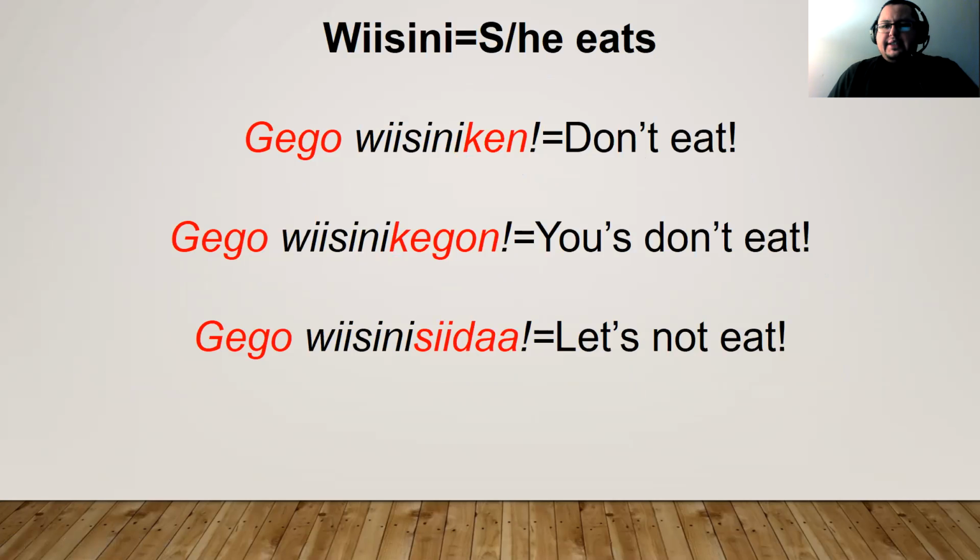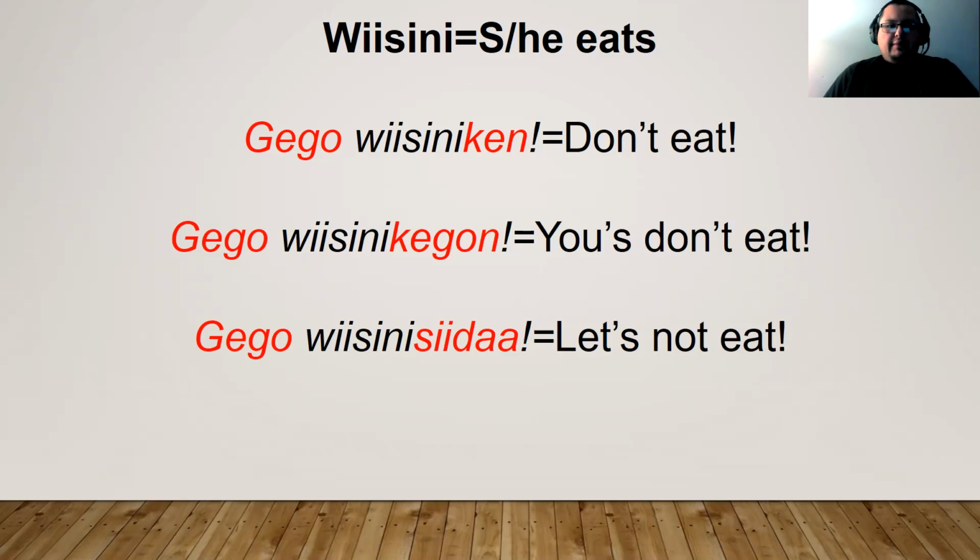Moving on, we have Wisine, he eats. The command form to one person was Wisinin. Right here we go, one person: Gego Wisinikain. Don't eat. Maybe you have to say the prayer first and you tell one person, Gego Wisinikain, don't eat.